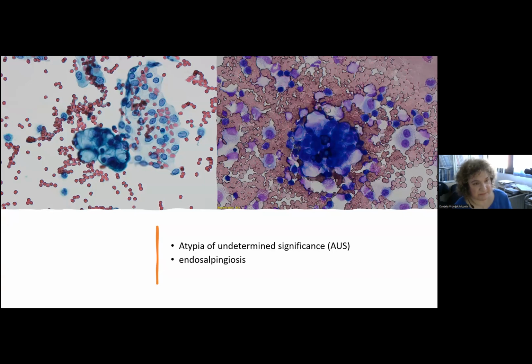When we see these cells like glandular structures with these microcalcifications, we can assume that this could be endosalpingiosis, but sometimes we report it as atypia of undetermined significance, and we can really relate it in some cases with the cases of endosalpingiosis.